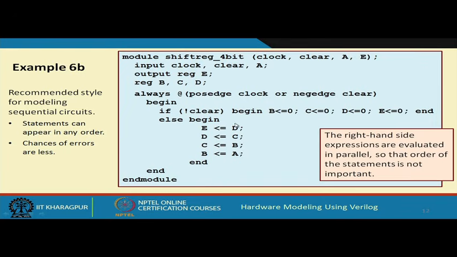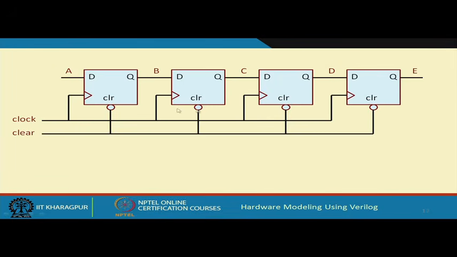The right hand side expressions are evaluated all in parallel. Because they are evaluated in parallel, the order is not important. D will finally go to E, C will finally go to D, and so on. The old values will go across. It does not depend on the order in which you put the statements. So, it will generate a shift register like this.